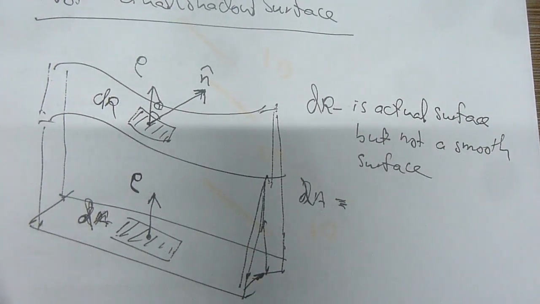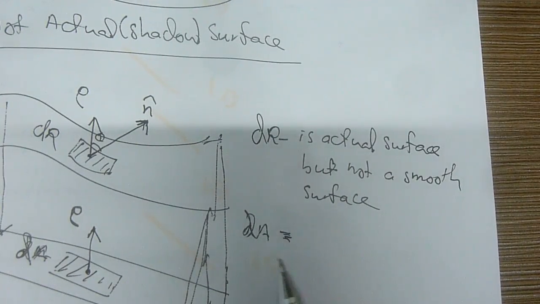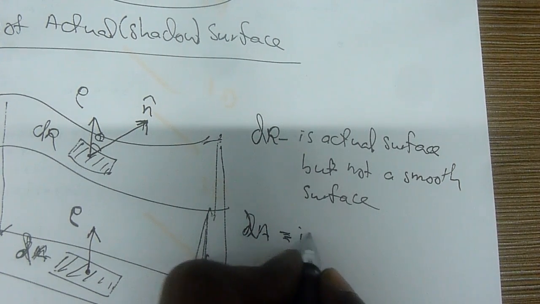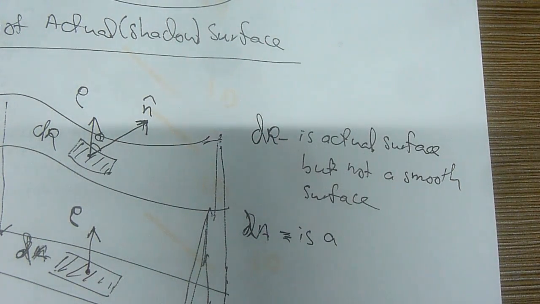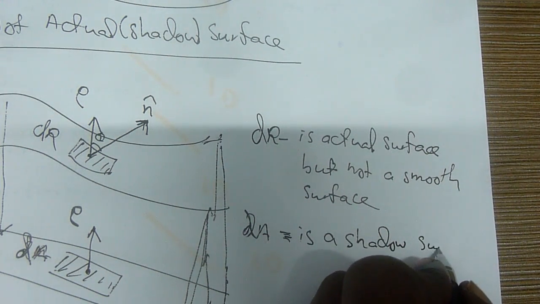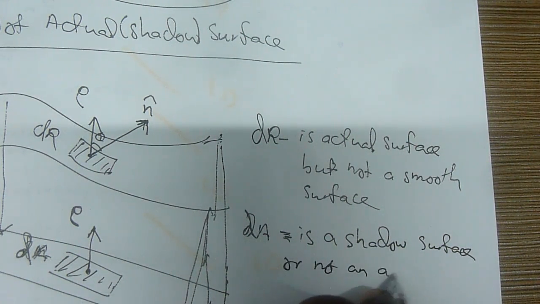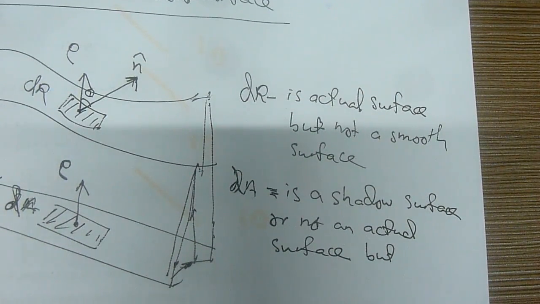I can't change anything, I can't avoid this. It's a shadow surface, not an actual surface. But what is it? A smooth surface, right?